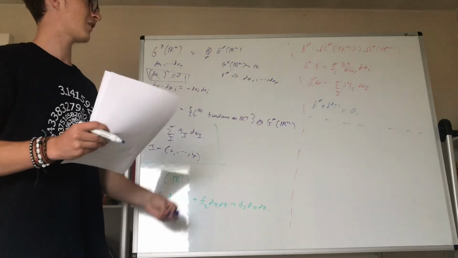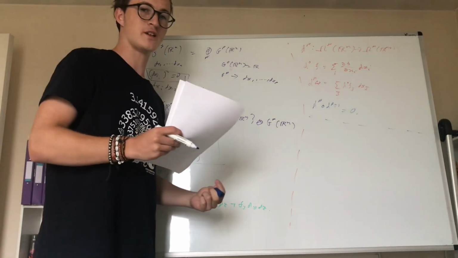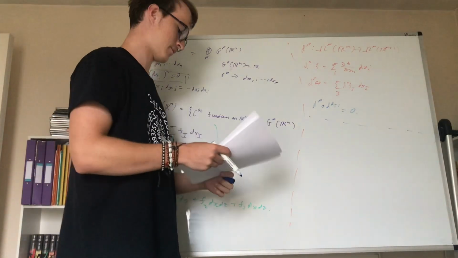So, the exterior derivative is basically the ultimate generalization of the derivative.